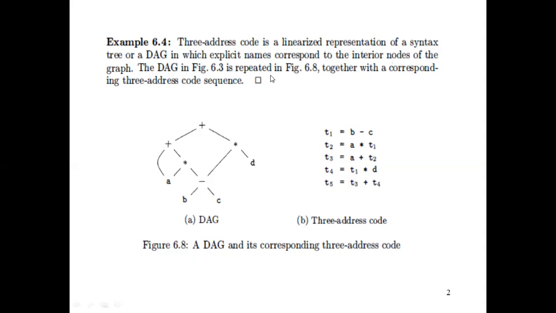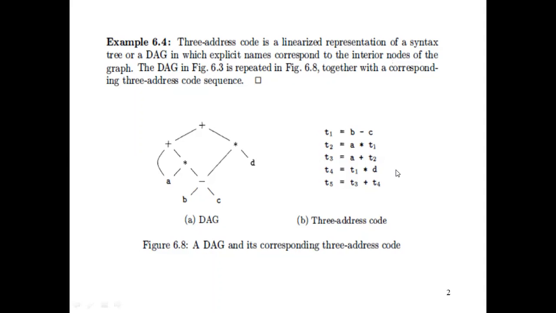So here T1 is equal to B minus C, and as you have already done in the preceding class, concentrate on the expression. T1 is equal to B minus C, then T2 is equal to A star T1, meaning A star B minus C. T3 is equal to A plus T2, which means A plus A star B minus C.